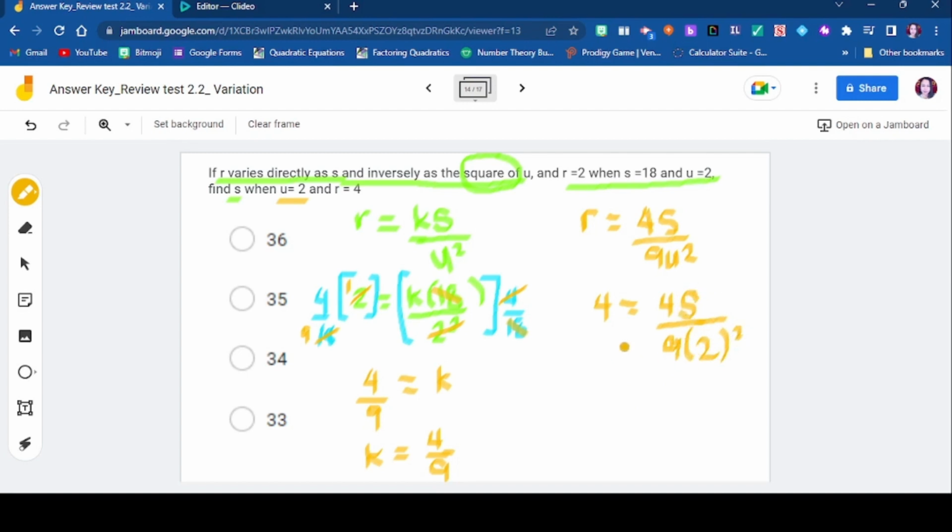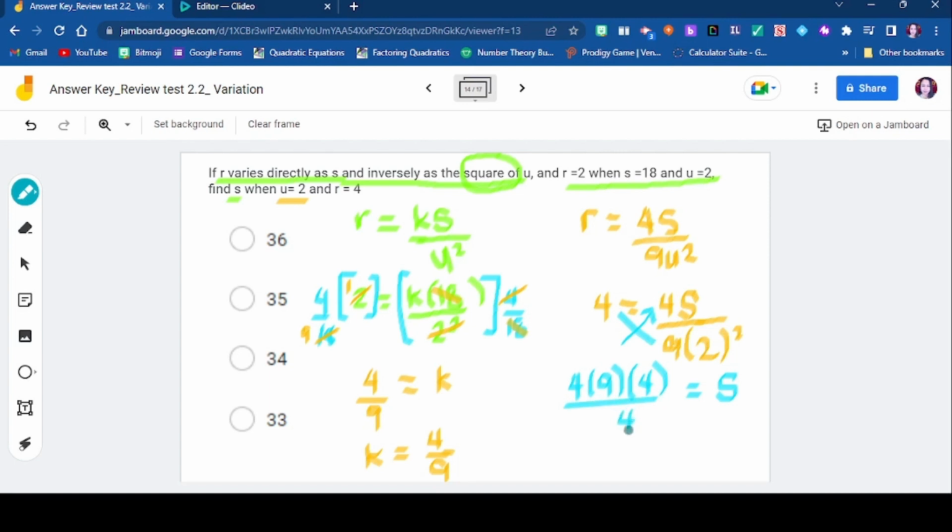So we need to apply the cross product for us to find the S. So what will happen? This is 4 times 9 times, we know that 2 squared is equivalent to 4. So we'll just write 4 is equals to S. So we have to retain the S here, and we're just going to place 4 below.